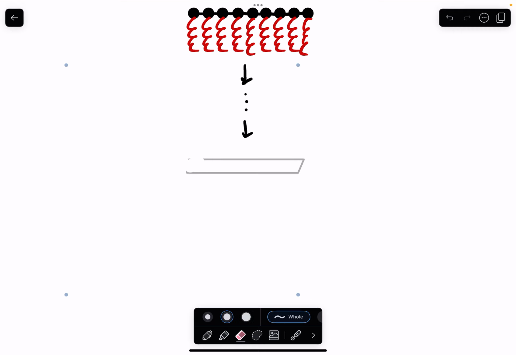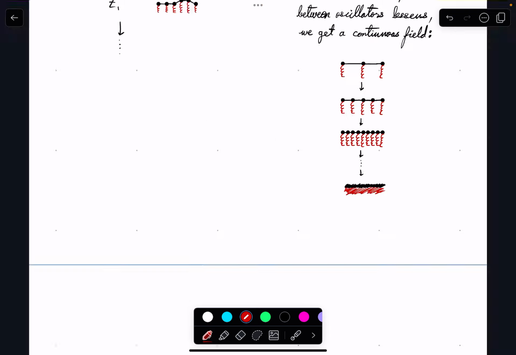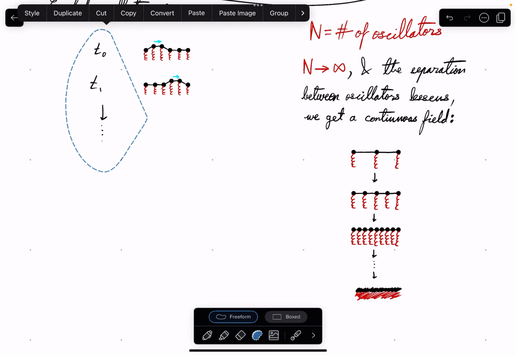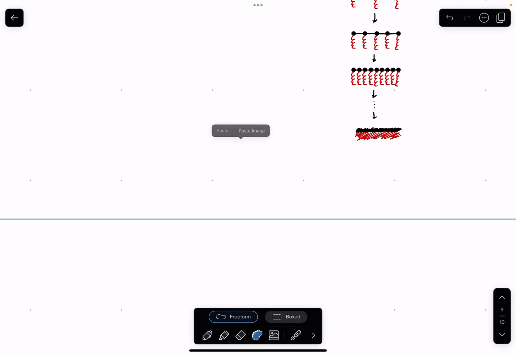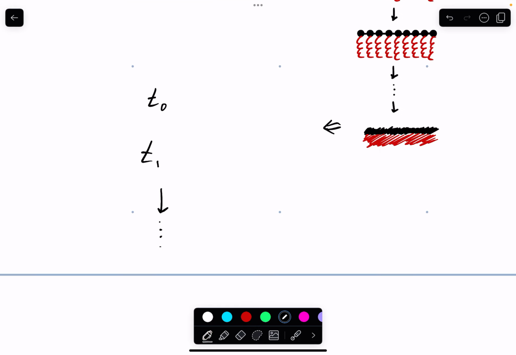is this black continuous thing. Then you can imagine all the springs are below. And we can now consider the equivalent of that system here.